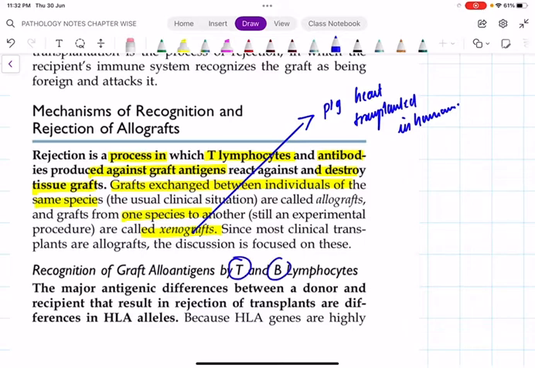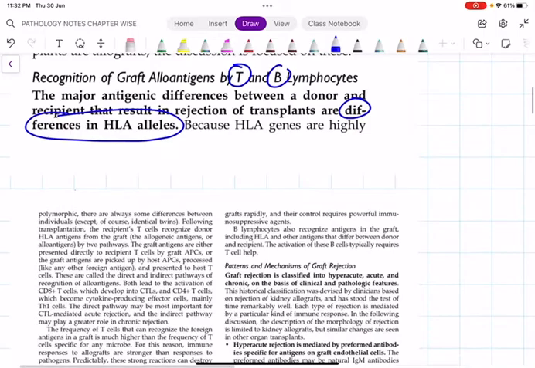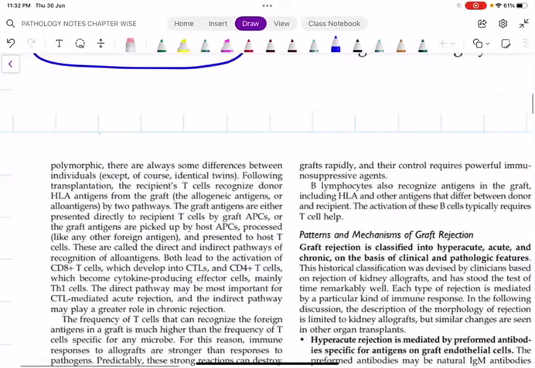Fine? Yes. The major antigenic differences between a donor and a recipient, because of which the rejection happens, is the difference in the HLA alleles. I told you that these HLA genes are highly polymorphic genes, except in the case of identical twins.